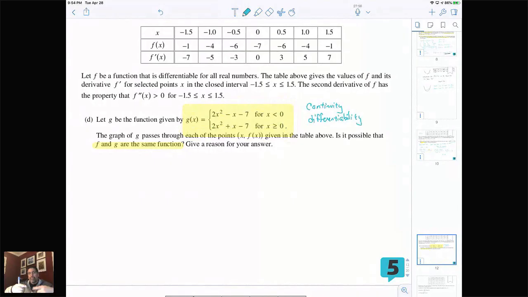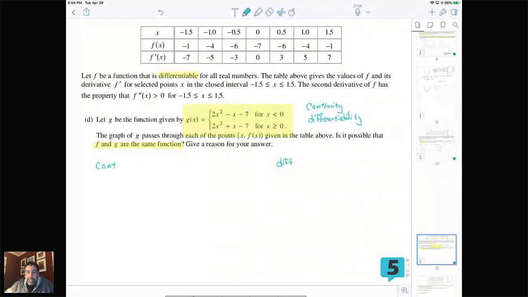And the only functions where that really becomes an issue is in piecewise functions, because piecewise functions have the ability to have one rule on the left side and a completely different rule on the right side. So the idea here is we're told that our original function f, and this is where it's coming up again, is differentiable. And that means that if these are the same function, g will have to be differentiable. Well, if g is differentiable, it first has to be continuous, and then we have to check differentiability.